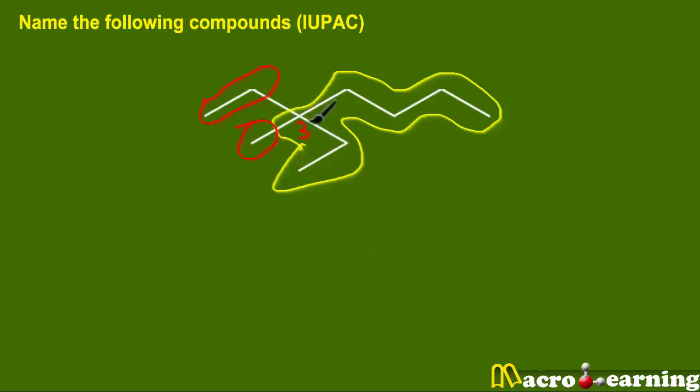They're on the same carbon. So that's it. Oh, I'm sorry, I forgot the main chain. What do we call the main chain? How many carbons? 1, 2, 3, 4, 5, 6, 7. So again, it's a heptane. 7-carbon main chain heptane.